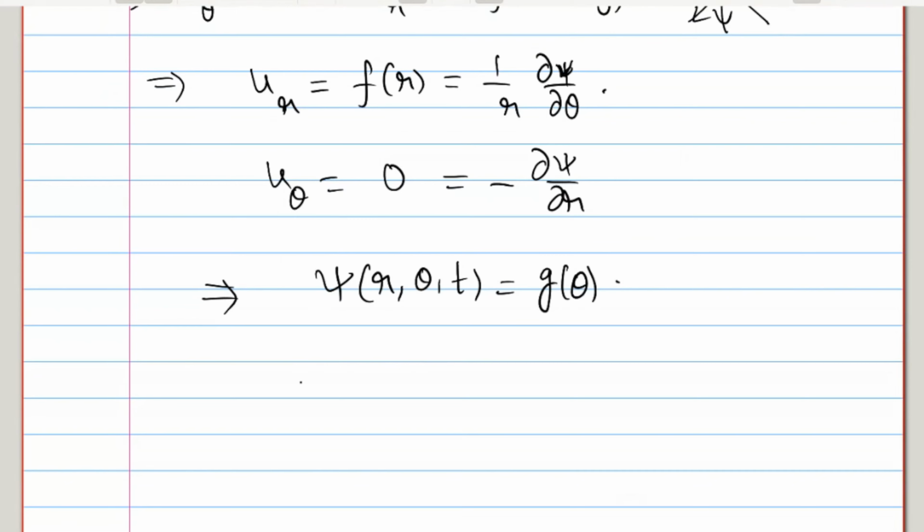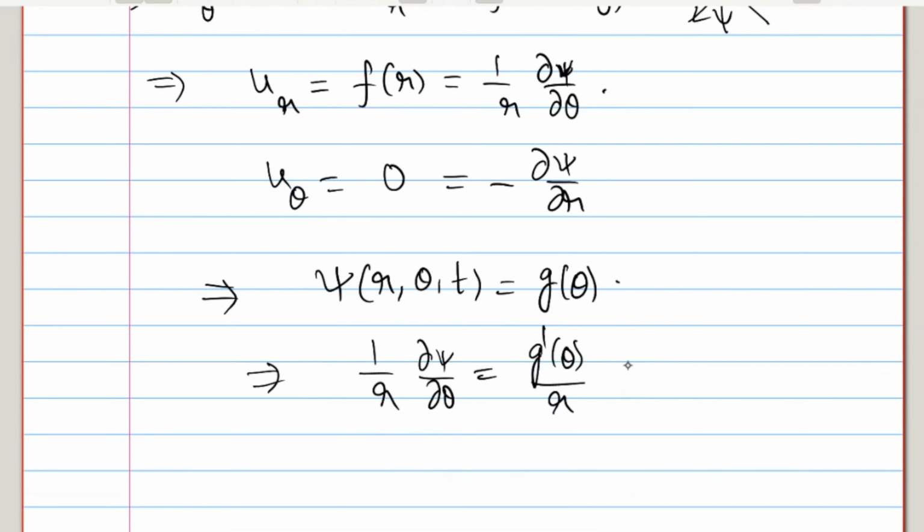How do I calculate this one? Differentiate with respect to theta. We have UR, and you will get 1 by r times dou psi by dou theta equal to g dash of theta by r, right?